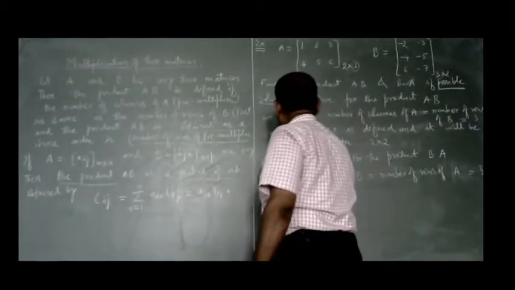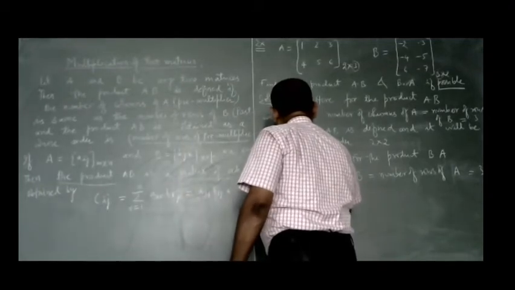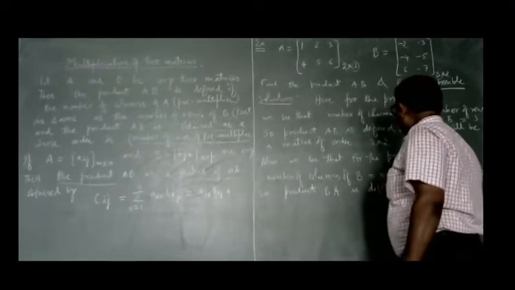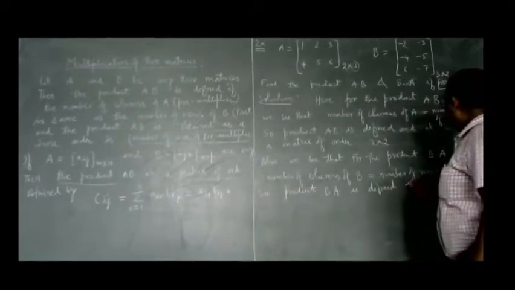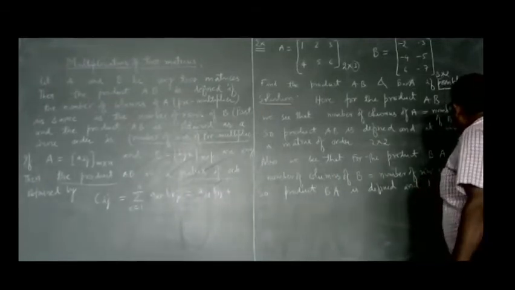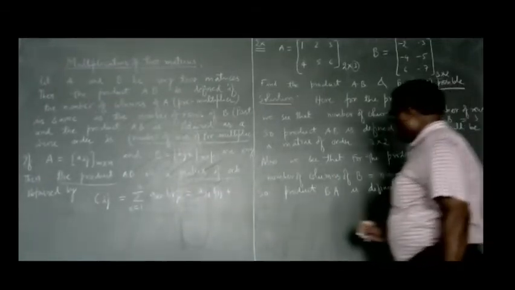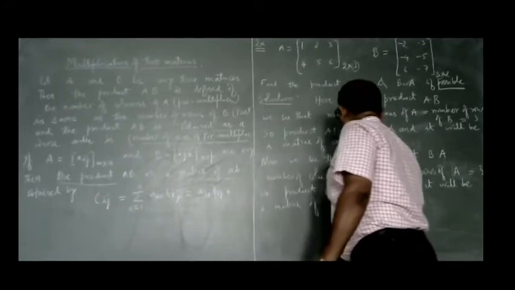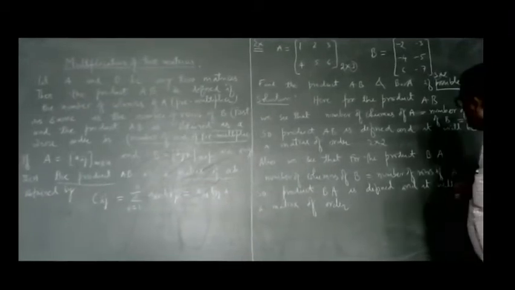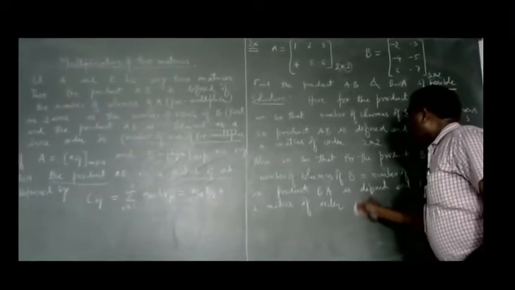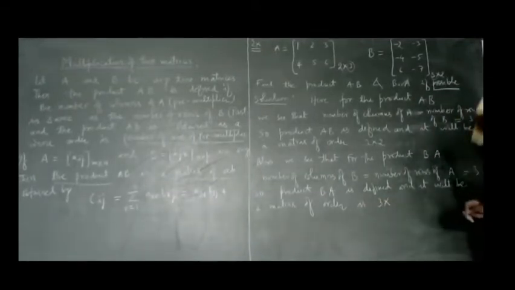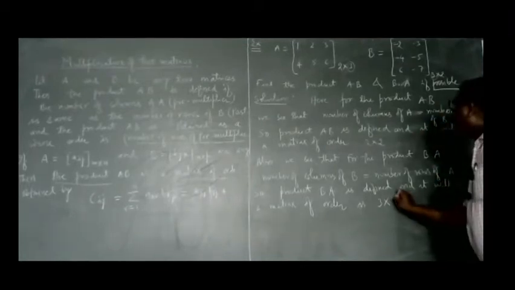So the product B into A is defined and it will be a matrix of order: number of rows of pre multiplier, meaning 3, into number of columns of post multiplier, meaning 3.